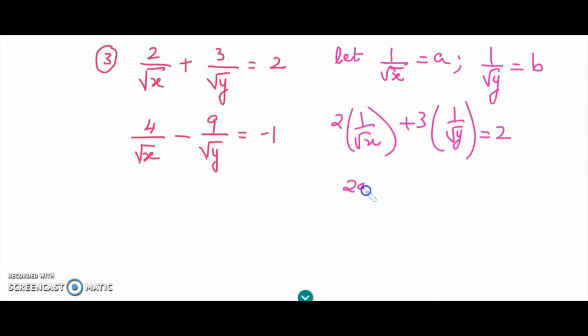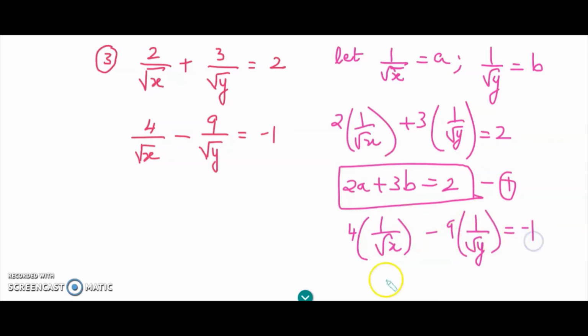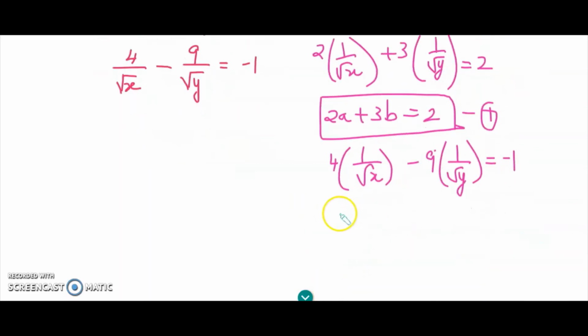So that becomes 2a plus 3b equals 2. You can take u, v also, whichever is comfortable. Next is 4 times 1 upon root x minus 9 times 1 upon root y equals minus 1. So that will change to 4a minus 9b equals minus 1.